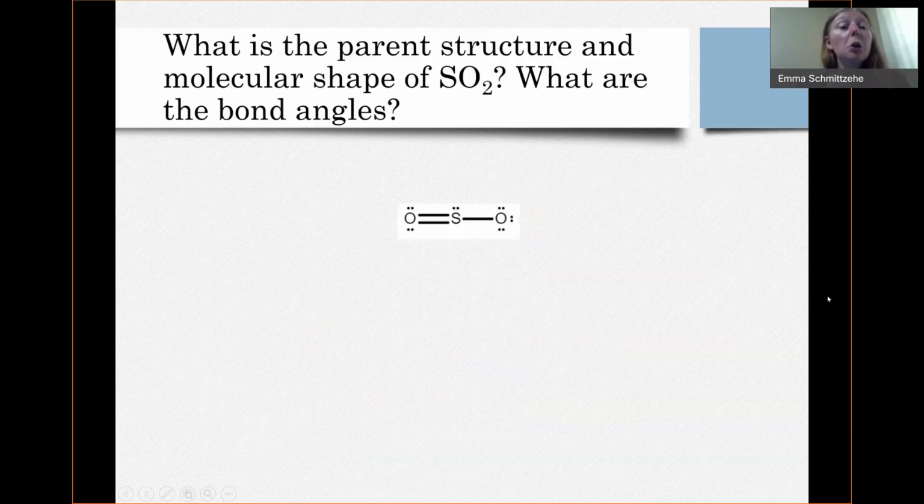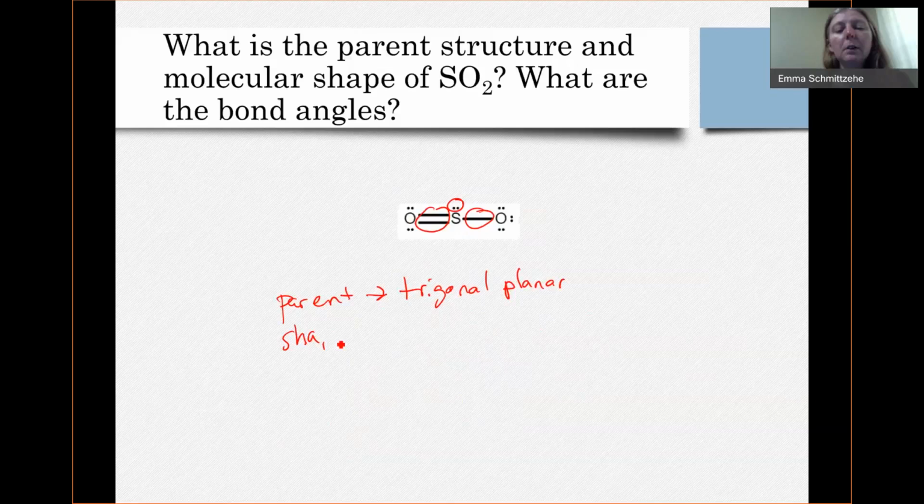Now I've got SO2. And so again, we're going to start with parent. And so we've got a double bond, we've got a lone pair, and a single bond. And so that's 3 attachments. So 3 attachments is trigonal planar. And then our molecular shape, well, we have 1 lone pair. So one of those things we're not looking at, okay?